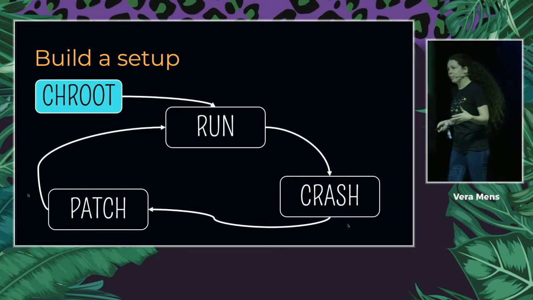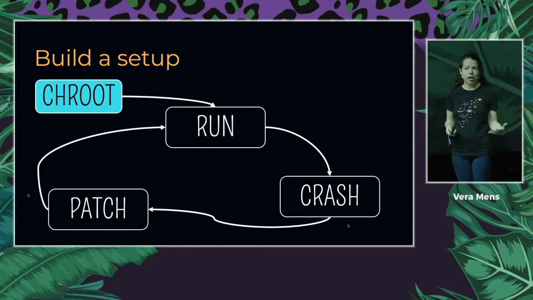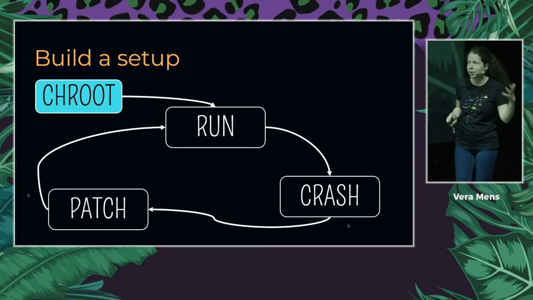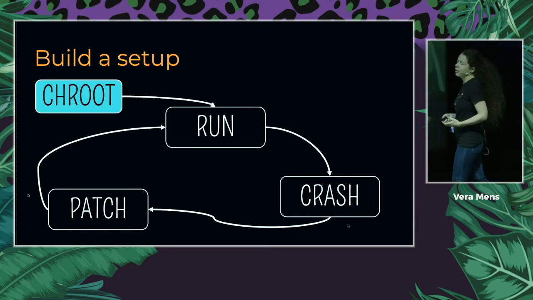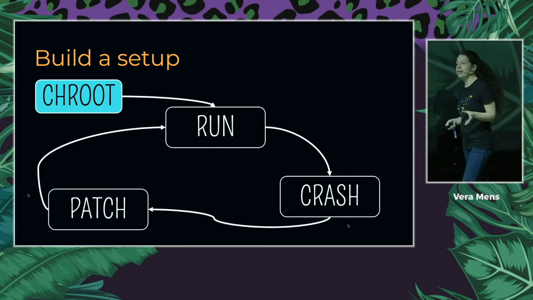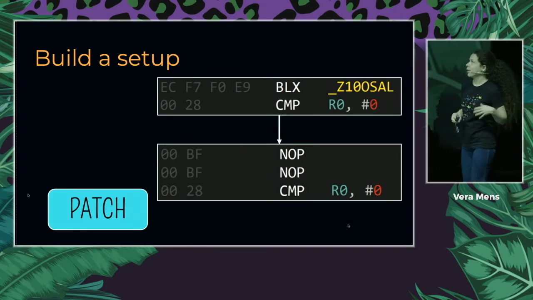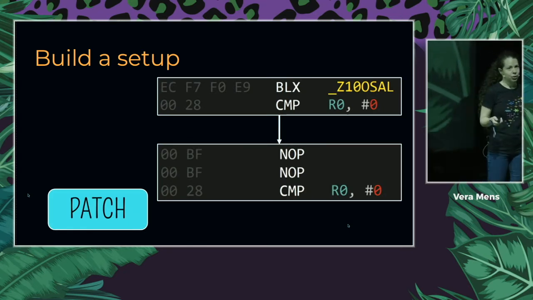What will happen soon after we run it is that the main binary will crash. Why? It's just trying to talk with its sensors, with its peripherals, and since our Raspberry Pi doesn't have some, it will crash. In these cases, we need to patch the binary. So what do I mean by patching? Our main binary is just assembly code.